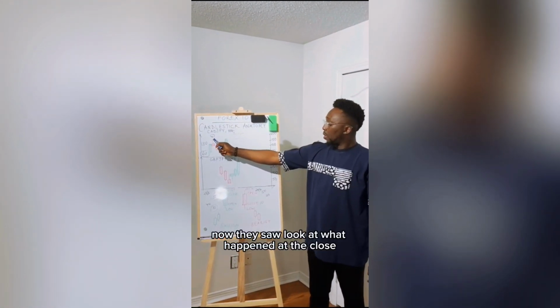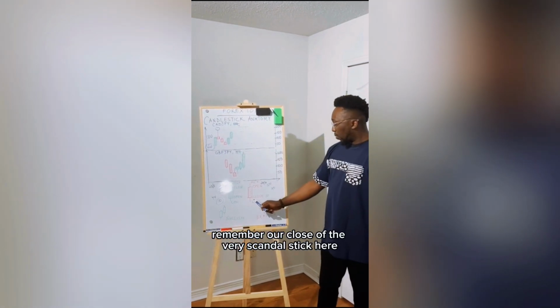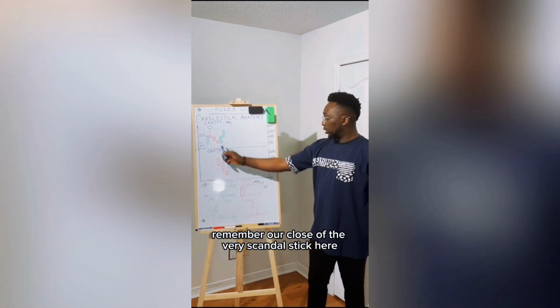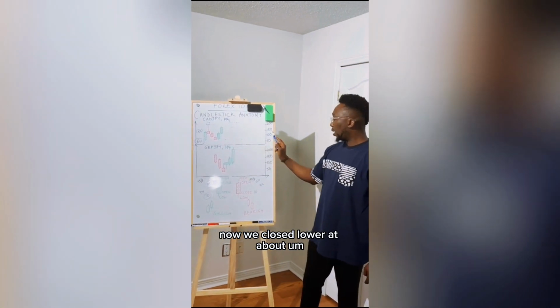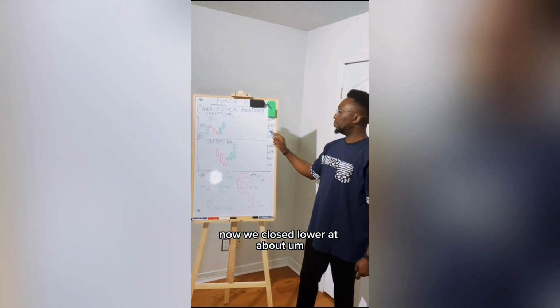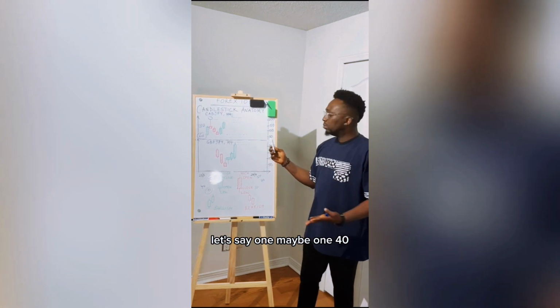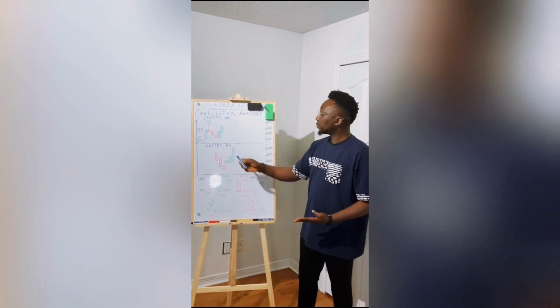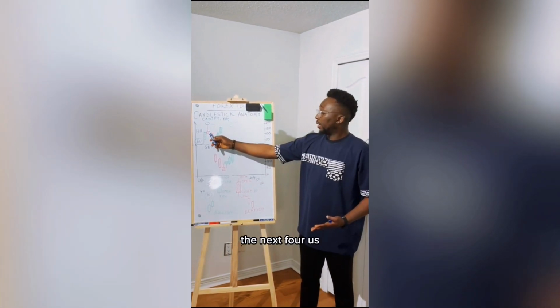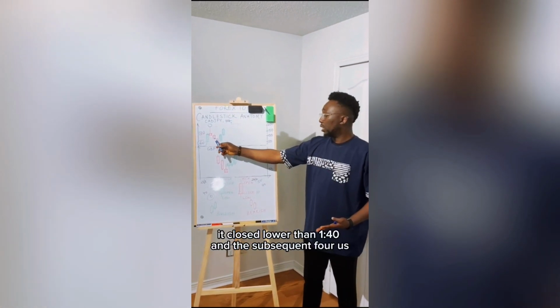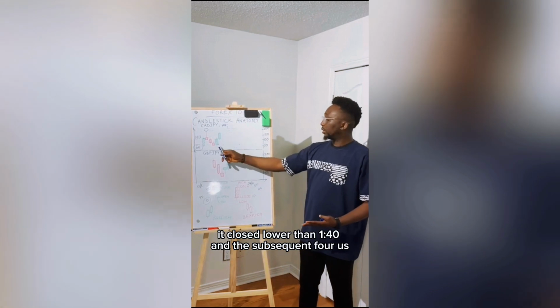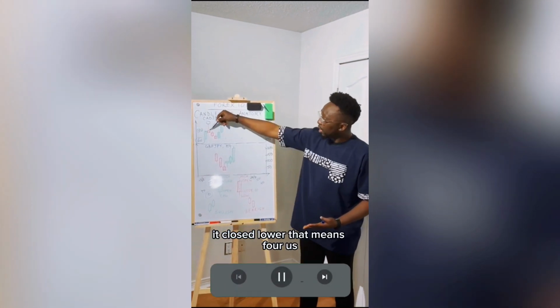Now they sold. Look at what happened at the close. Remember our close of the bearish candlestick here. Now we closed lower at about, let's say, 140. The next 4 hours it closed lower than 140, and the subsequent 4 hours it closed lower. That means 4 hours, 4 hours, 4 hours.